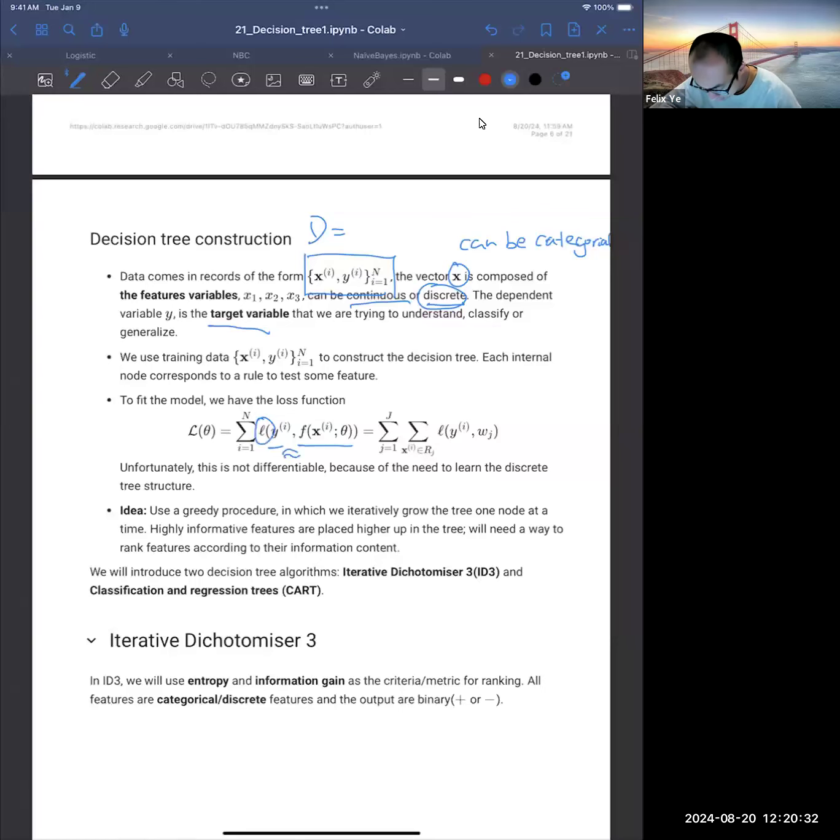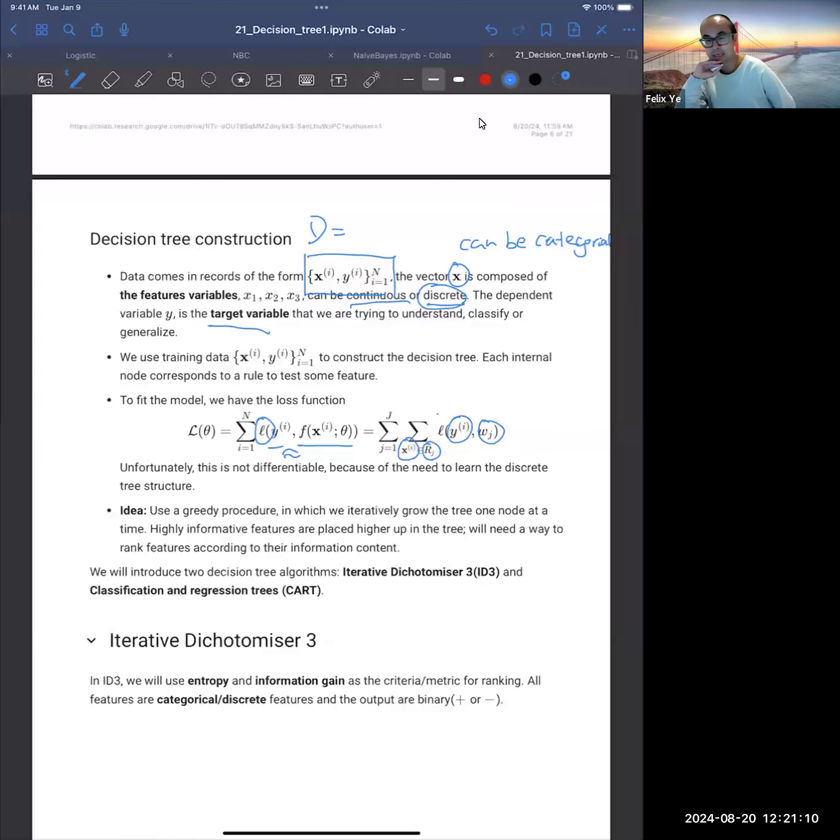This is tricky because we're basically using piecewise functions to approximate my yi. In general, we have a yi here, but the value that we predict is wj for all the xi in the region Rj, then we sum them together. So for all the xi in region Rj, I'm going to predict the value wj.